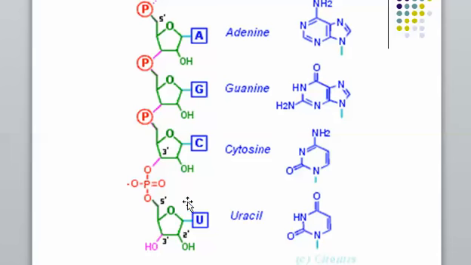I know it's RNA because at my second position, I see an OH group that is there. This is not the deoxy form, so it is not the DNA form. This is the RNA form. So a base is attached to my sugar. And this sugar is hooked up to another one, which is hooked up to another one, which is hooked up to another one through a phosphodiester bond.